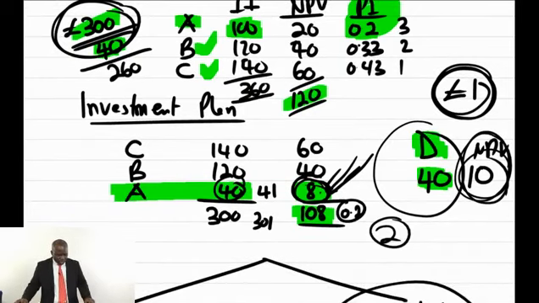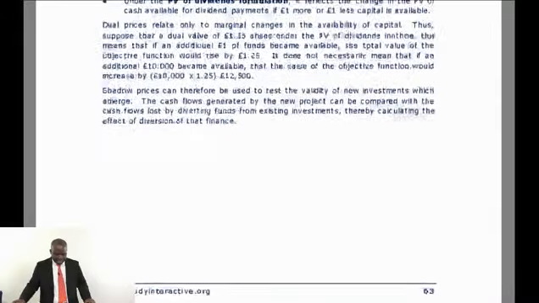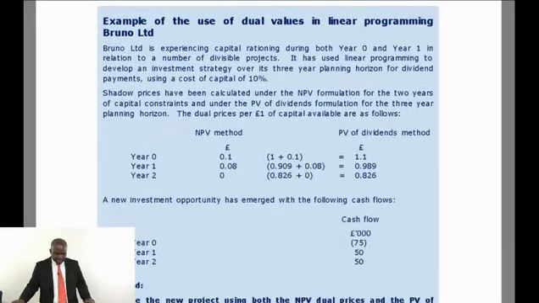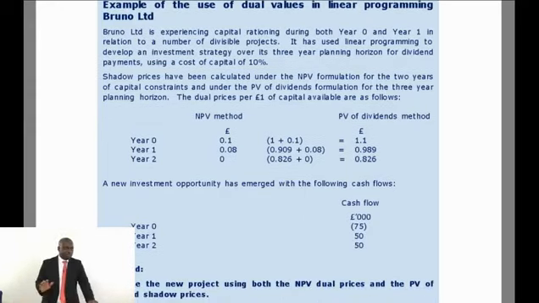Now let's go to our note and we see a situation where it is linear programming, that is, multi-period capital rationing. Brunel Limited is experiencing capital rationing during both year 0 and year 1 in relation to a number of divisible projects. It has used linear programming to develop an investment strategy over a 3-year planning horizon for dividend payment, using a cost of capital of 10%.